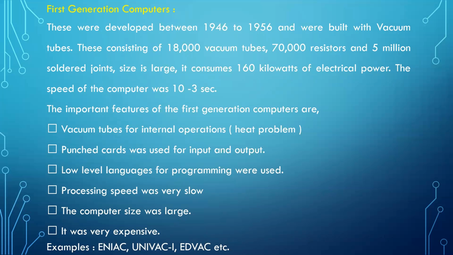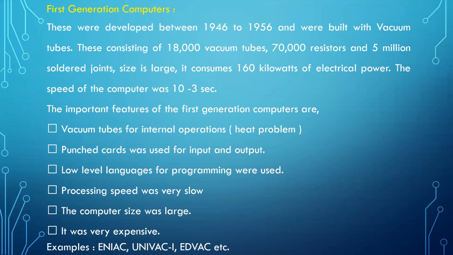When you check the important features of this, the vacuum tube was the only component available at that time to develop these computers. That's why the first generation computer was developed using vacuum tubes. Due to that, we got a heat problem. To solve that, maintenance is required, so you have to go for a cooling process.